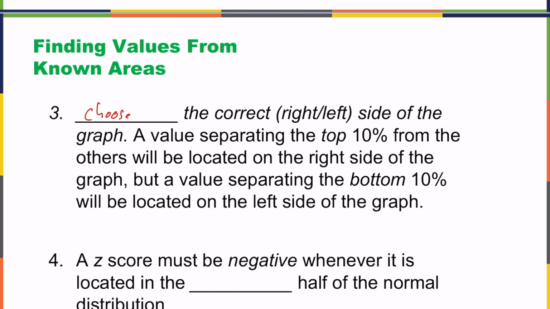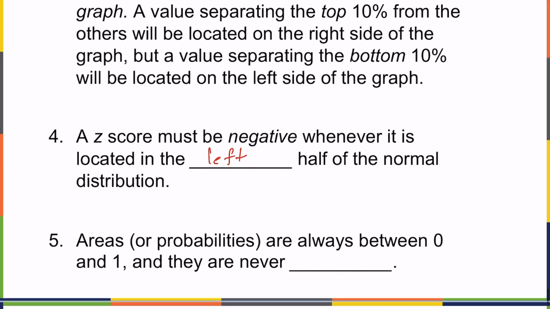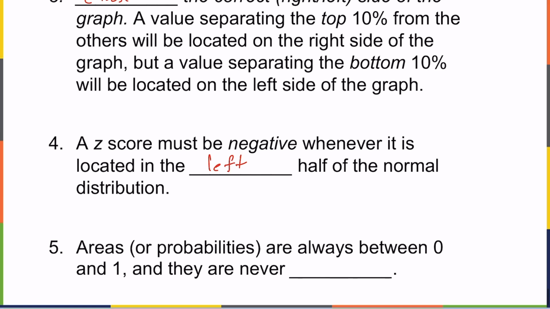All right. And then the z-score must be negative whenever it is located in the left half of the normal distribution. And then lastly, the areas. The areas or probabilities are always between 0 and 1 and are never negative.